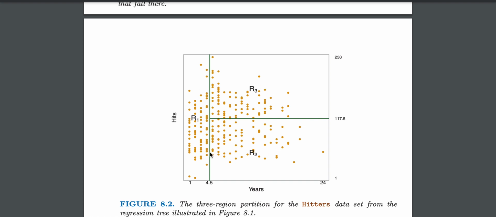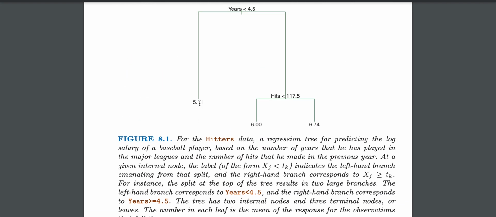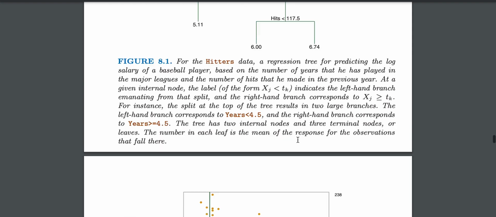And then depending on where the player falls, either in one of these 3 regions, you have different mean predictions. Okay. So these 3 regions are known as terminal nodes or leaves of the tree, which refer to these 3. So these are 3 leaves, 3 terminal nodes.